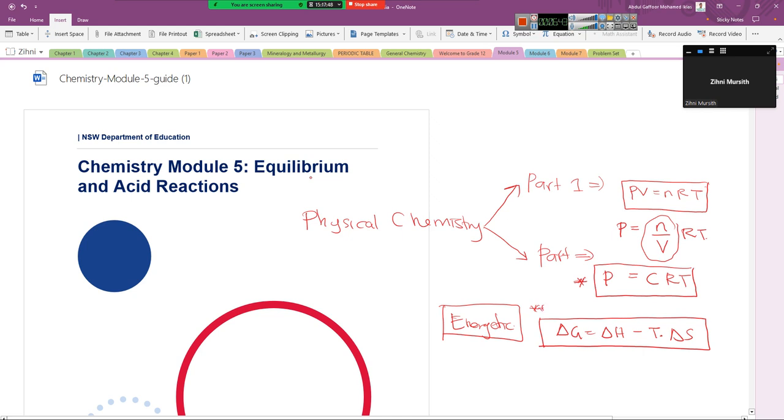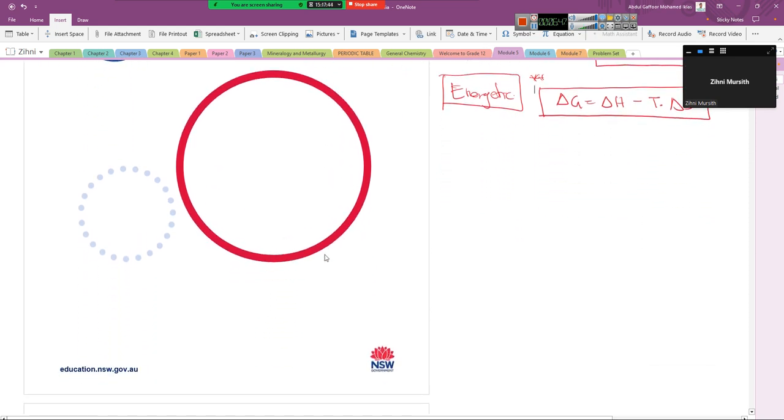Now we are going to move to part 2 of physical chemistry. In part 2 we have mainly 3 units. I have just gone through your modules and other stuff, so here we are going to study only the second unit.